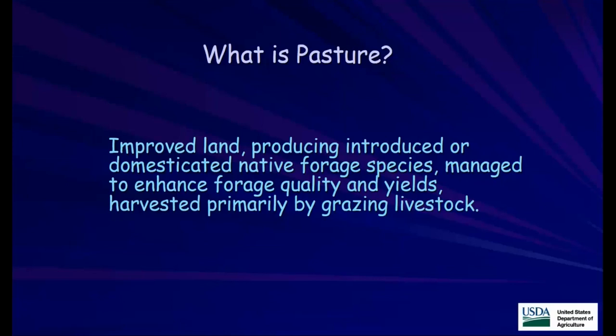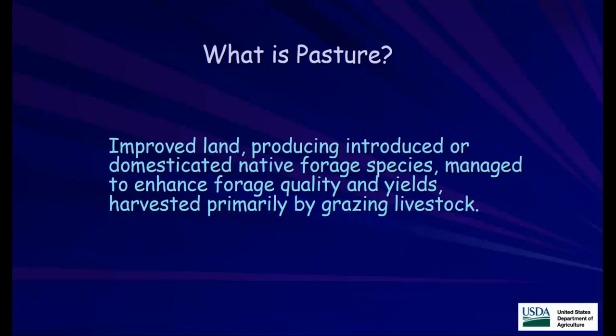prescribed grazing, what we're really looking at is improved land and having really good forage species out there for the livestock to eat. And we're managing those plants to improve the quality of the forage that's available to the animals as well as the yield.